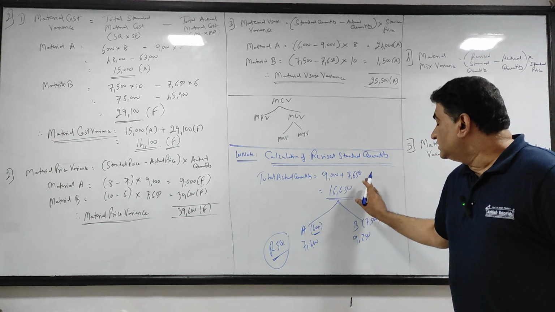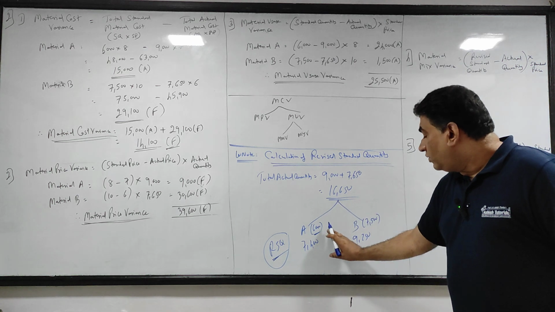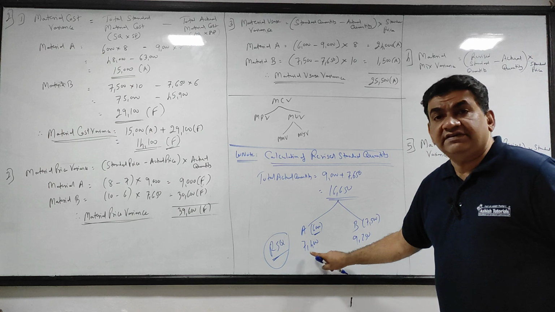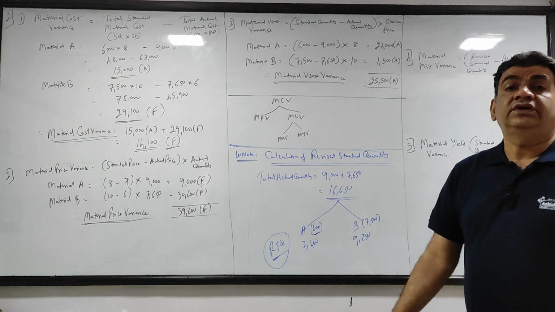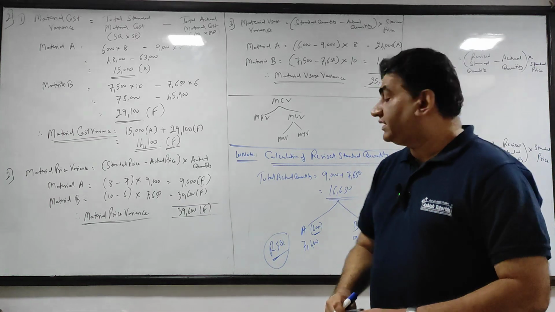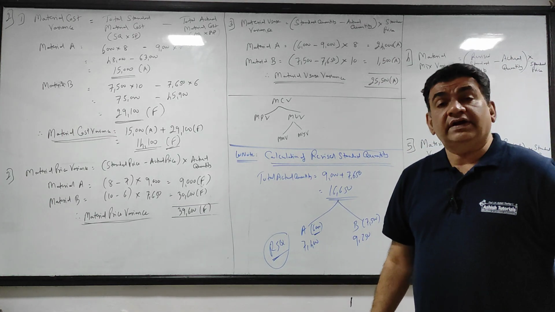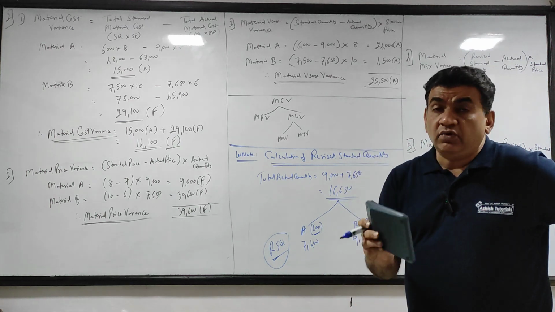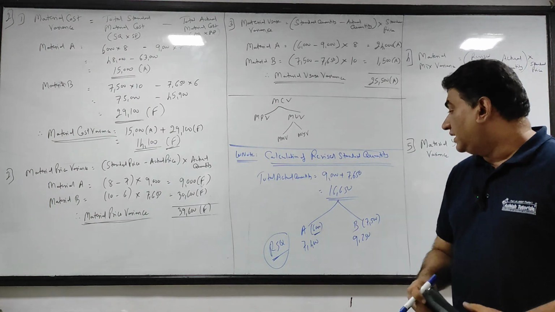So 16,650 को allocate करो 6,000 और 7,500 के ratio में, that is 7,400 and 9,250. So this is the best way to calculate revised standard quantity, which we need only for the fourth and the fifth formula.